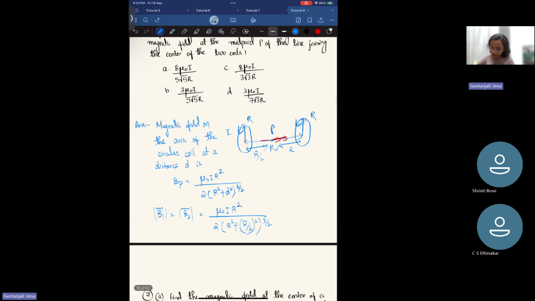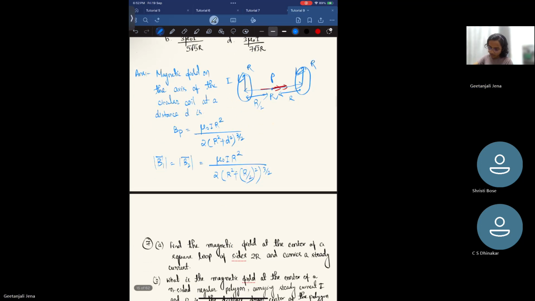That means the total field would be B is 2 B1, which is 2 mu naught I r square 2 r square by 4 3 by 2. 2 2 will cancel, so this will give 8 mu naught I by 5 root 5 r.